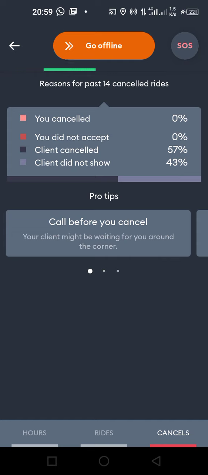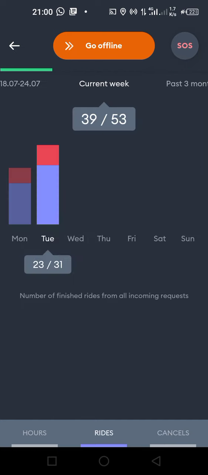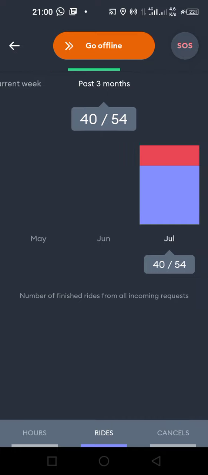And on Tuesday, which is today, out of 31 rides that we got, 23 passengers were picked and 8 were cancelled. For the past 3 months, June, July, out of 54 trips, 14 were cancelled.